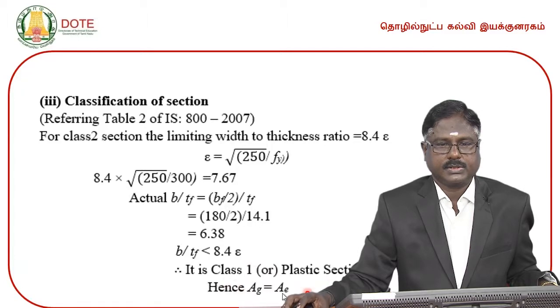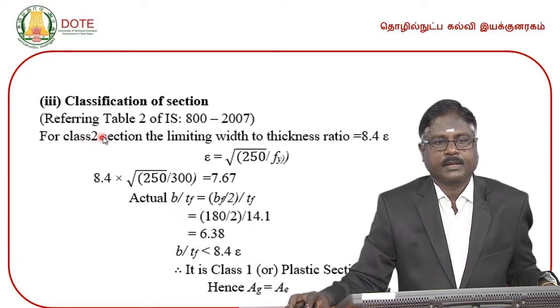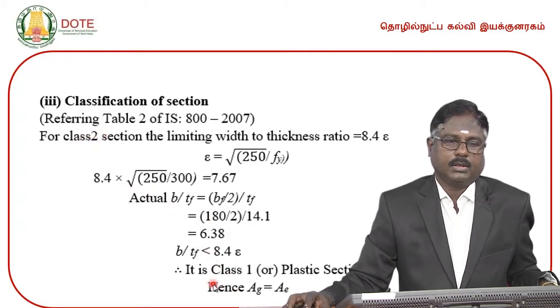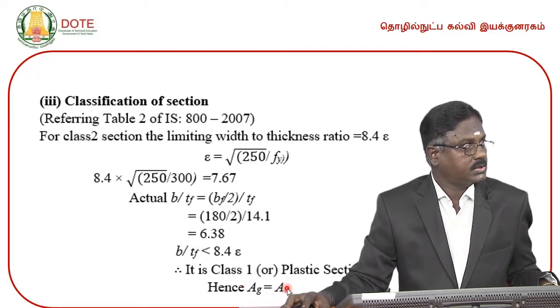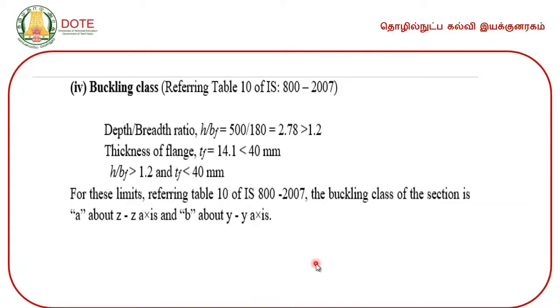I have to check whether this is class 2 or class 1. I think here it should have been class 1. Since the class of section is class 1, it is plastic, hence the gross area is equal to the net effective area. So, AG is equal to AE, and the next part is the calculation of the buckling class.